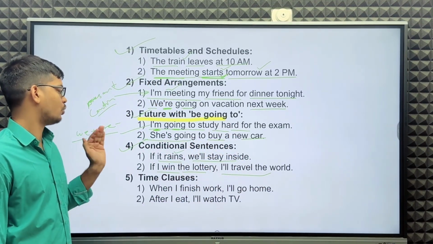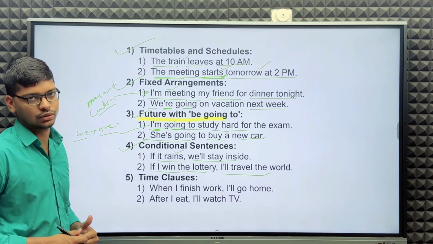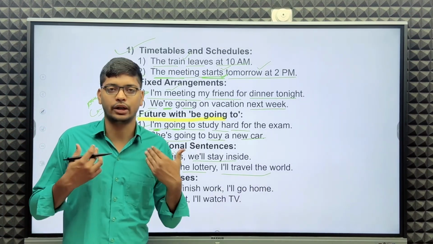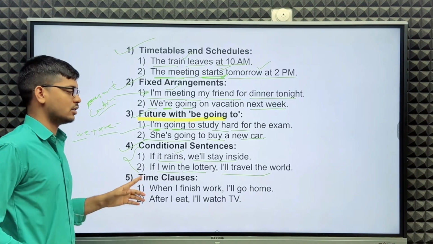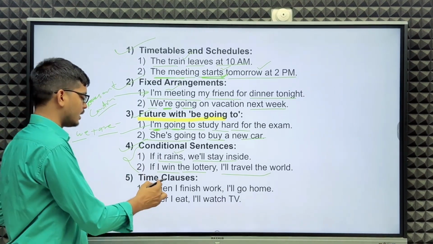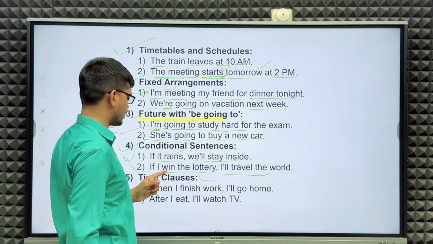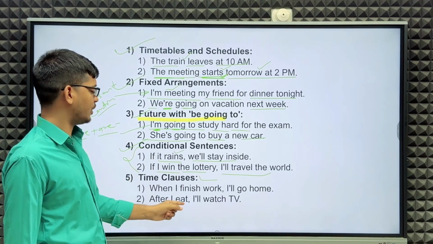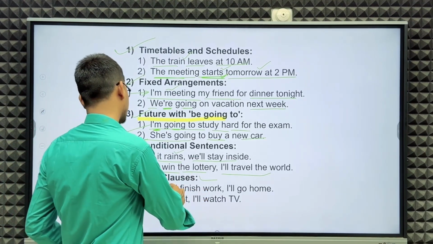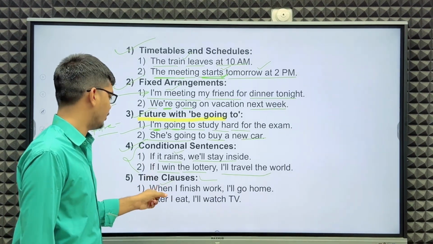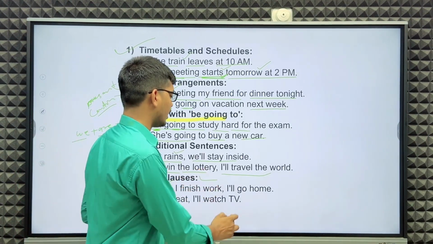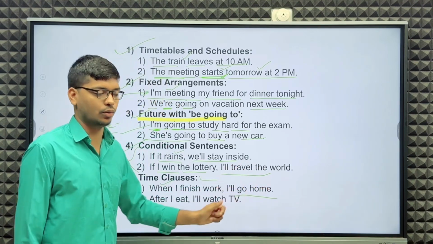Okay, so I think you have heard about the conditional sentence. This is the first concept. Next, time clauses. When I finish my work, time clauses, here when. When I finish my work, I will go home.